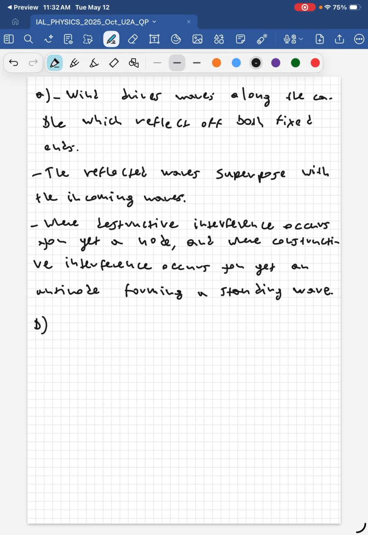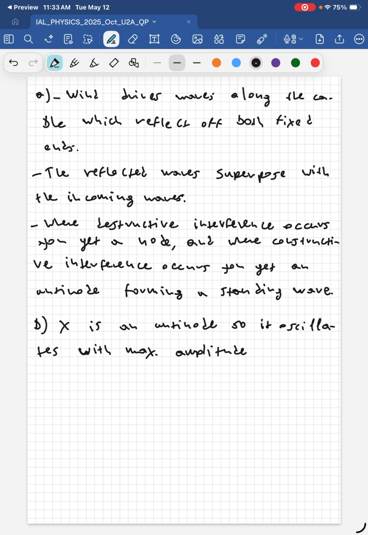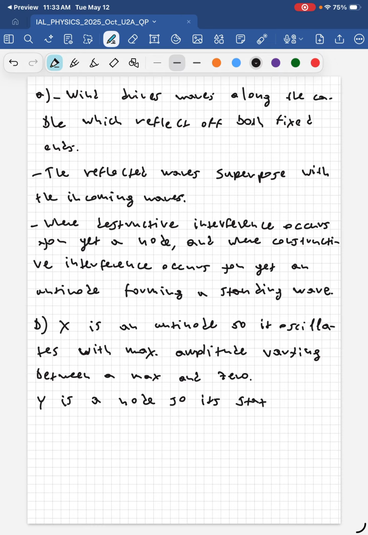So B, X is an antinode, so it oscillates with maximum amplitude varying between a maximum and 0. Now Y is pretty much stationary. So Y is a node, so it's stationary with 0 displacement.